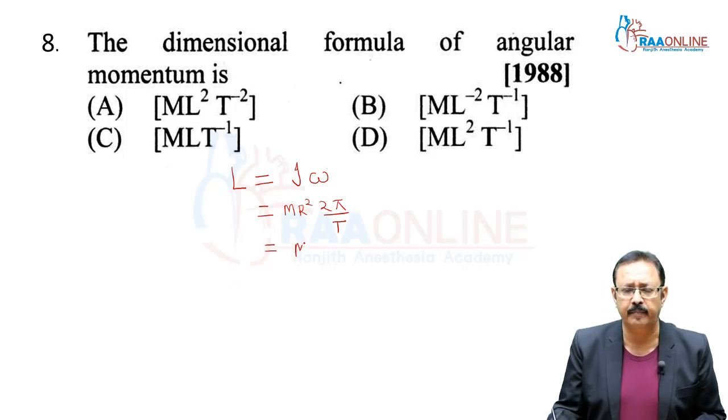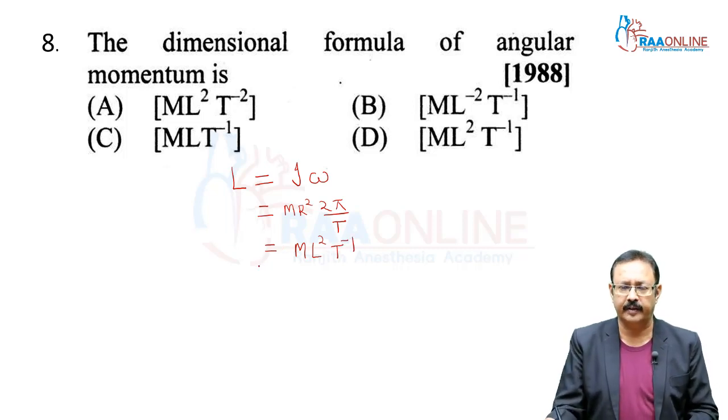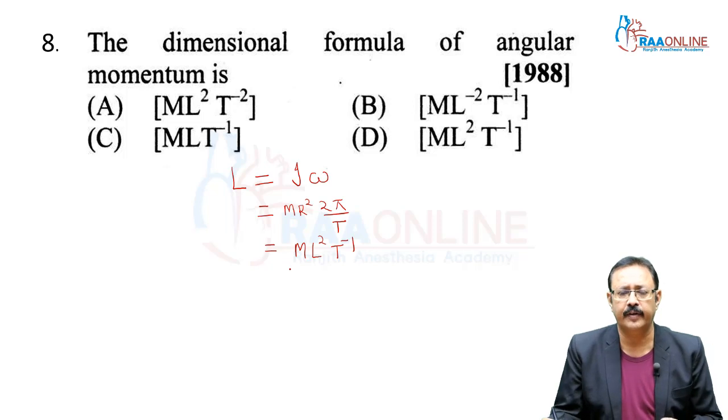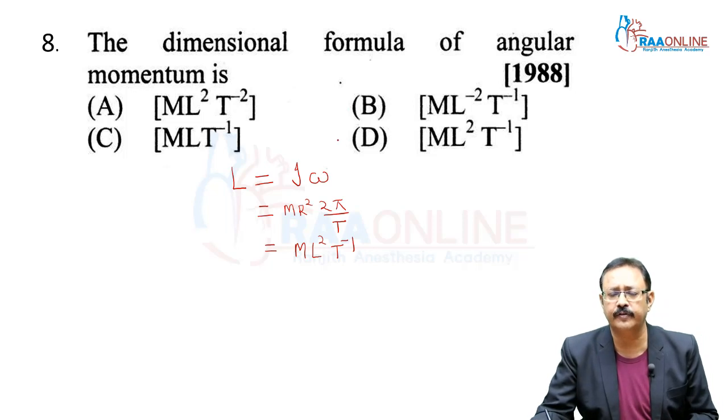Mass, M. R is one type of length, so L squared. Take T in the numerator, what are you getting? T minus 1. So in this way we got the formula M L2 T minus 1. So we are going with D.